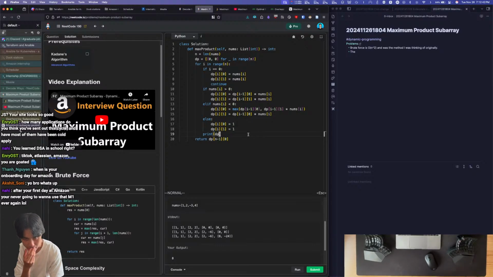Something is missing here. You're doing 2 times 4 to get 8. Right. When instead, when you see this -3, you can't do anything with that -3.